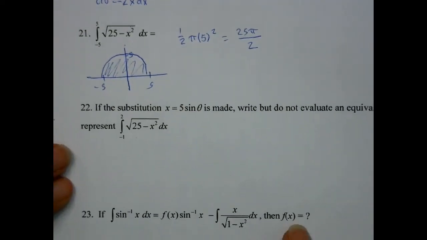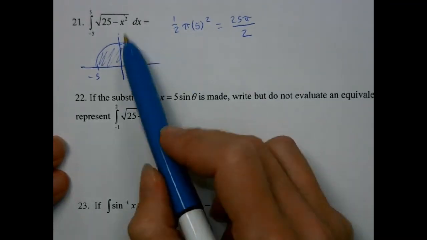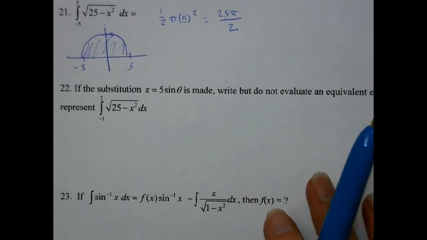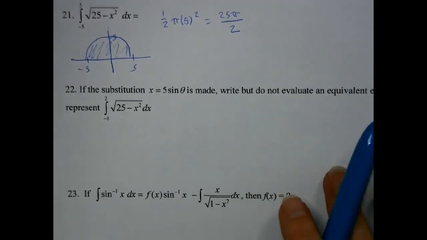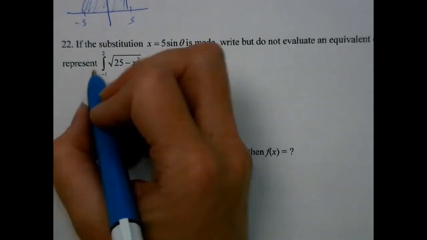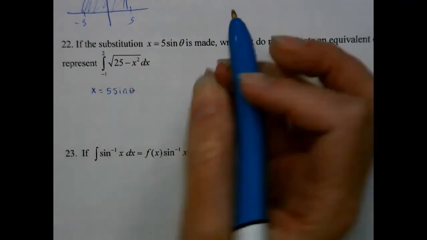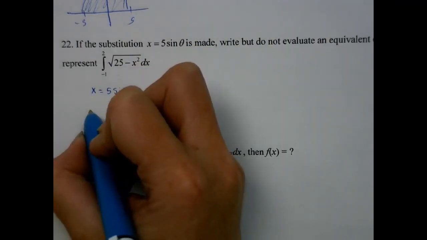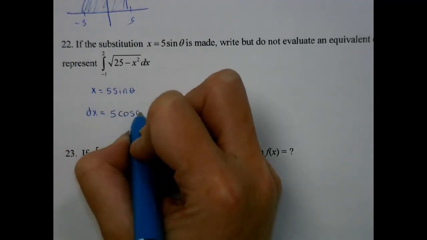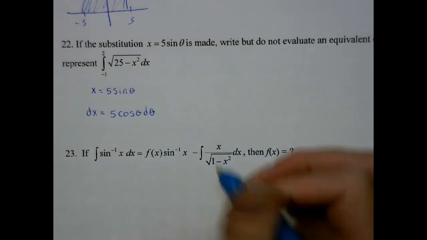In number 22, since these are not nice bounds on this graph, you would need to do a trig substitution. We're going to set up this trig substitution without actually solving it. So we're going to make this substitution into this problem. x equals 5 sine theta, which means dx is 5 cosine theta d theta. Okay.